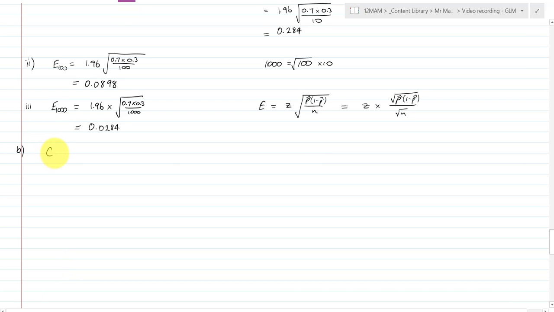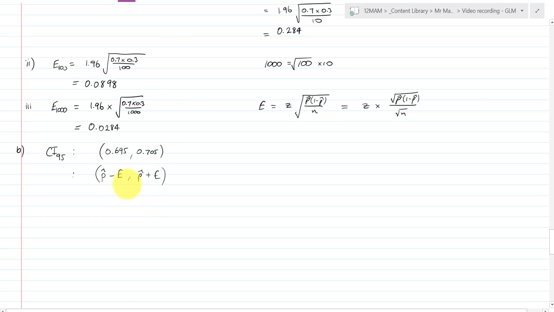I want my 95% confidence interval to be from 0.695 to 0.705. And that means that I want p hat minus E, p hat plus E to meet those criteria.